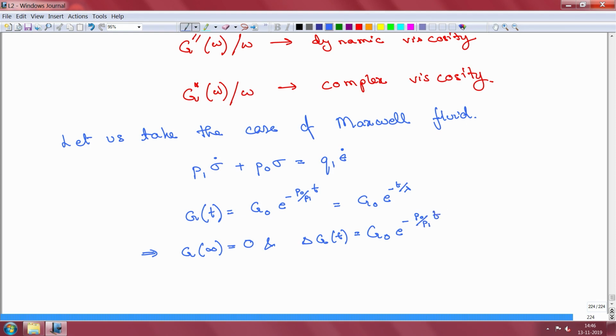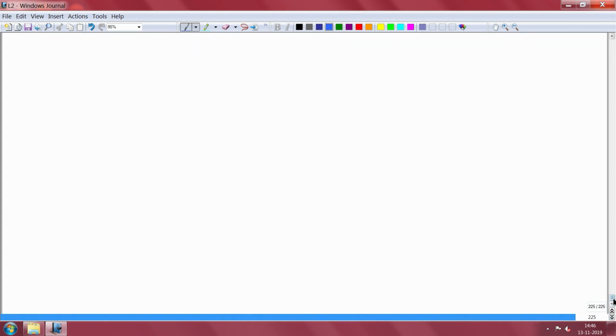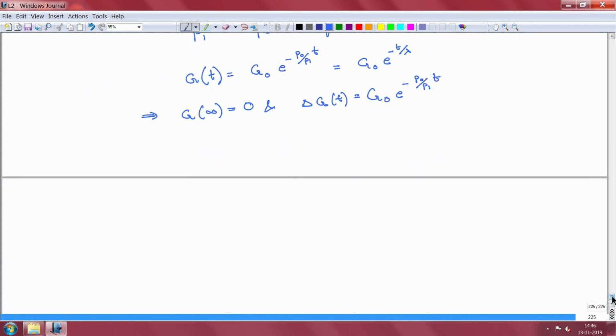Okay. So, what I am asking you to find is, for example, what is the value of the complex modulus? Okay. And we know already the equation. So, I just want you to compute the integral.